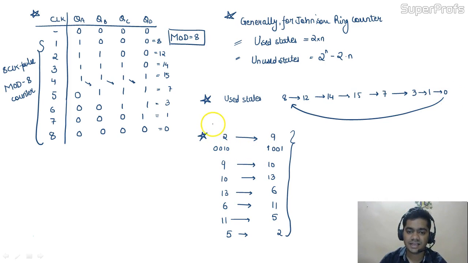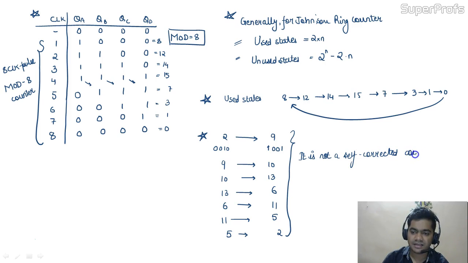But if suddenly any unused state comes in the Johnson's ring counter, then it would not be able to return to its used states. So what is the meaning of this? That it is not a self-corrected counter.